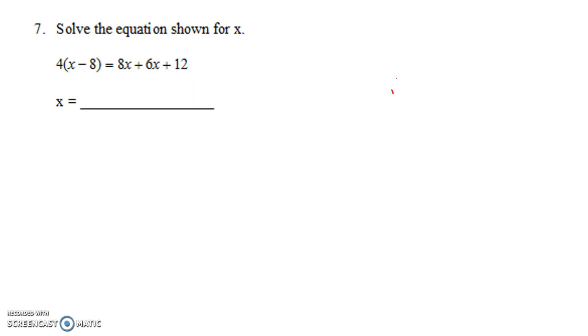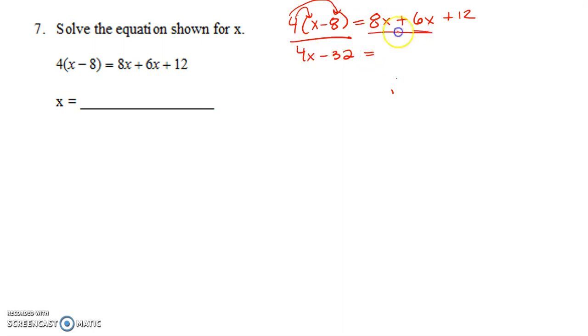Okay, the next question, number 7. Solve the equation shown for x. All right, so first off, always use your distributive property. Eliminate your parentheses. So work that part first. 4x minus 32. Okay, here I can combine like terms. 14x plus 12. Now I'm going to use inverse operations.